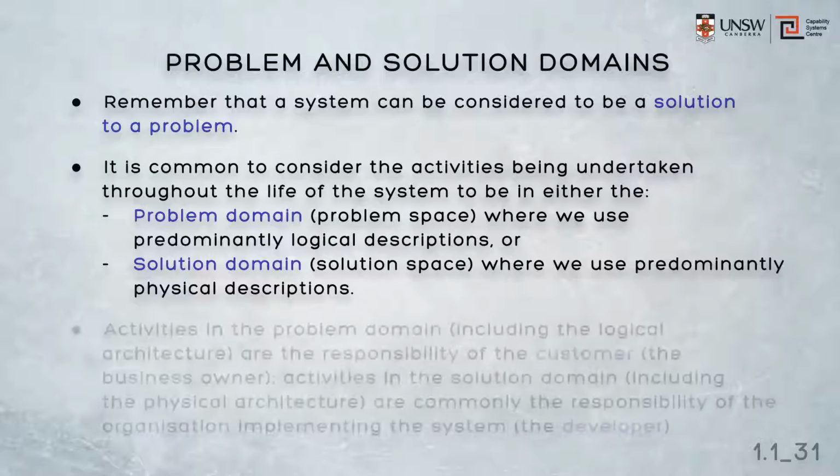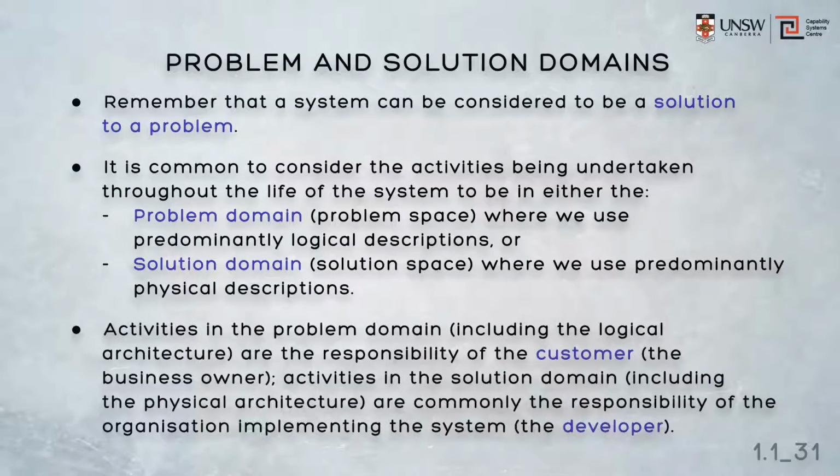We'll see later that the activities in the problem domain, including the production of the logical architecture, are mostly the responsibility of the customer or the business owner. The solution domain, including the development of the physical architecture and the physical solution, are generally considered to be the responsibility of the organisation who's developing the system, and we call them the developer.